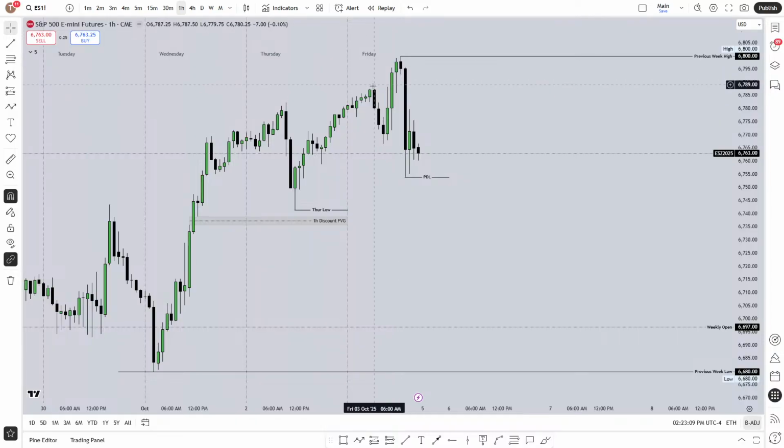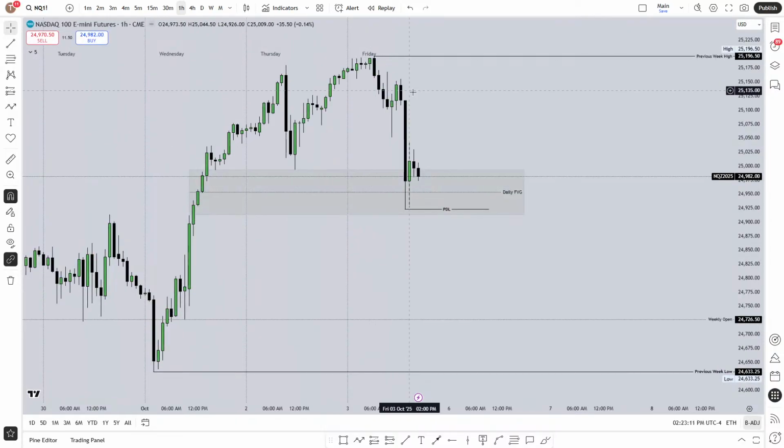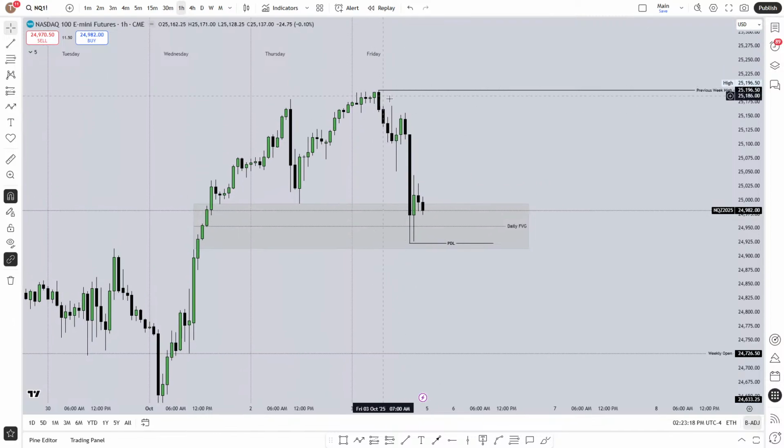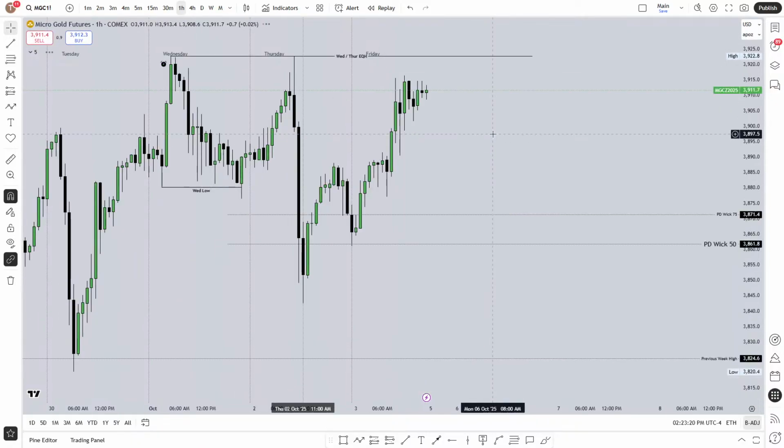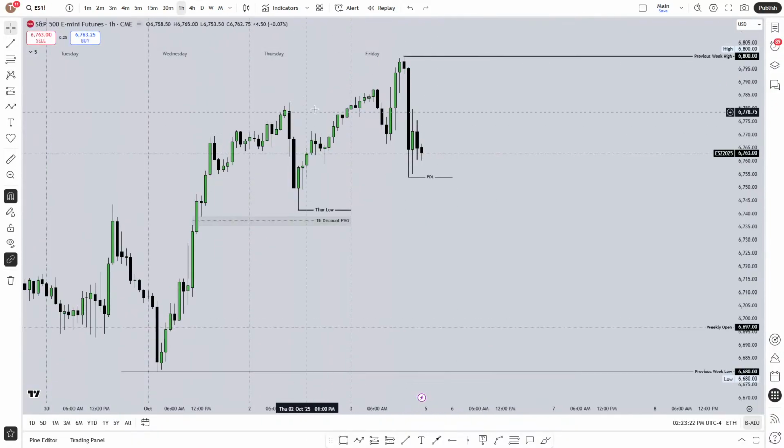And we do have SMT right here as well. So that could be kind of telling. I'm not going to mark that out, but just want to keep in mind that it does look like we have a change in the state of delivery. Breaker, order block, SIBI.